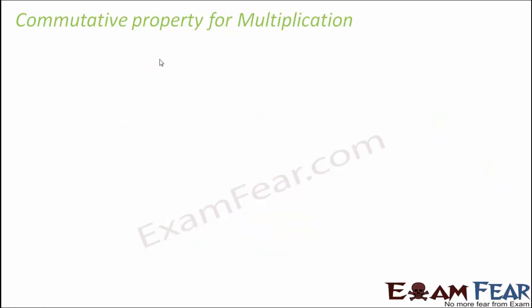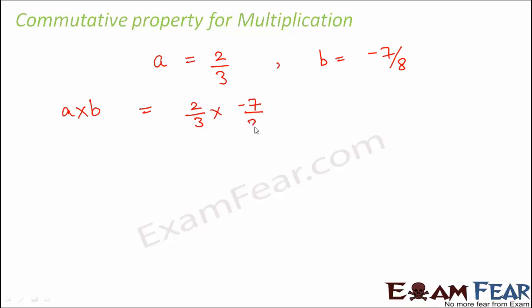Here again, let's consider one rational number a as 2 by 3, another rational number b as minus 7 by 8. If you calculate a into b, this would be 2 by 3 multiplied by minus 7 by 8, which would be minus 14 by 24, which can also be written as minus 7 by 12.